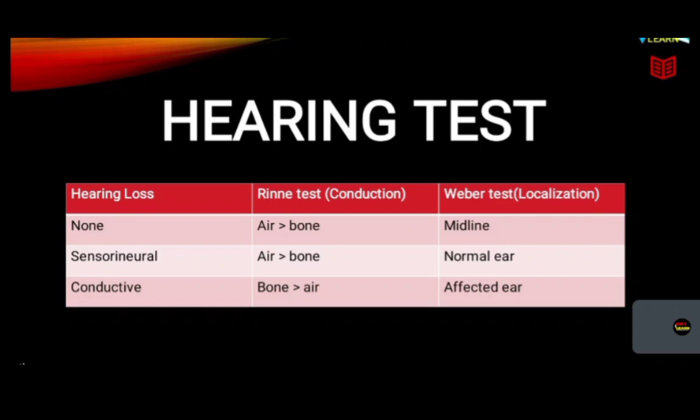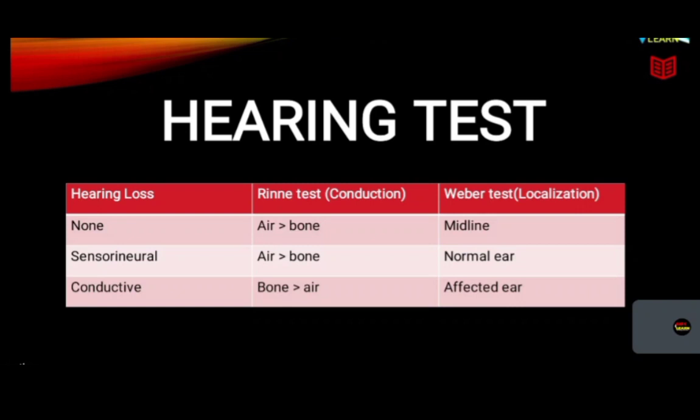So what am I saying? Summary: Weber's will lateralize to the affected ear when it's conductive hearing loss. Especially if it's unilateral, it will go to that side. The side that it doesn't go to will be sensorineural.